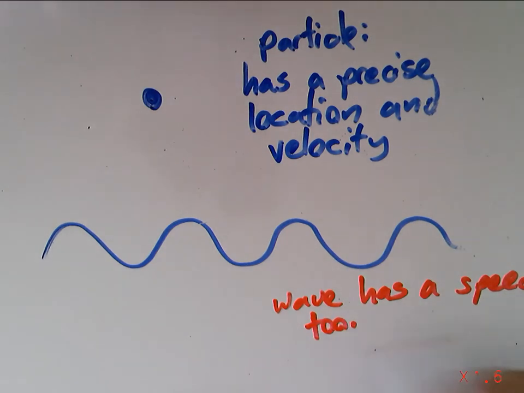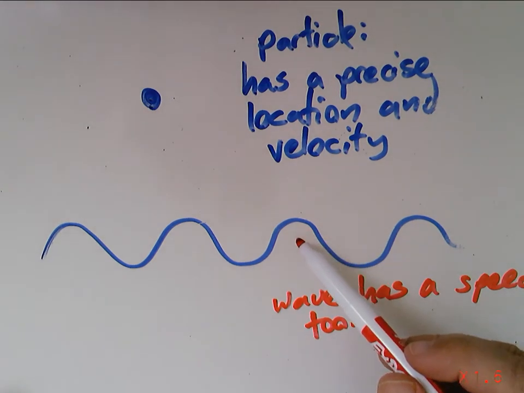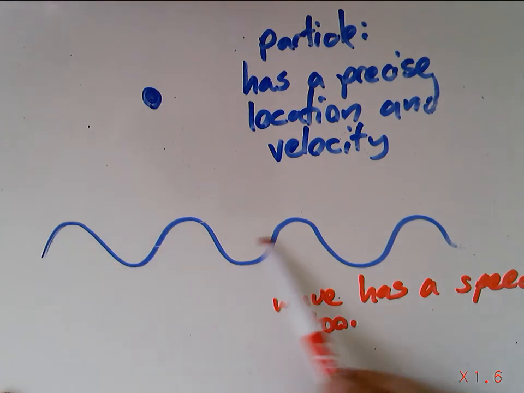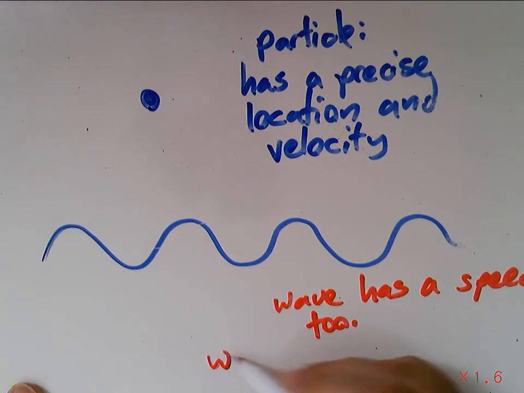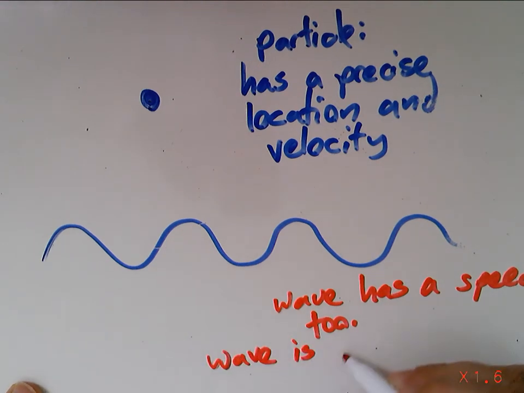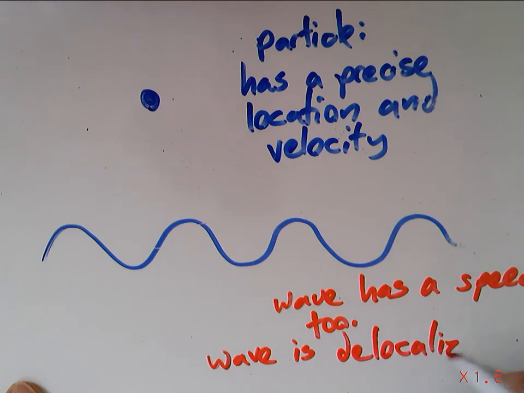And what about a precise location? I don't think you can say you have a precise location because the wave is made up of a lot of peaks and troughs that are spread out through space. So the wave, we say, is delocalized. That is, it's not found at one point in space. Whereas a particle is localized. You can tell where it is.